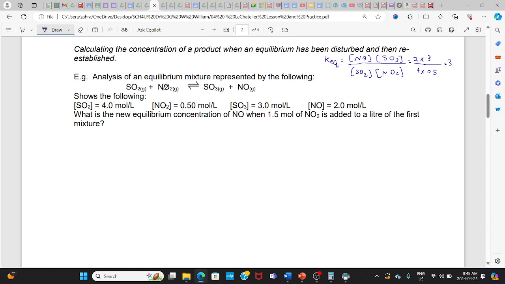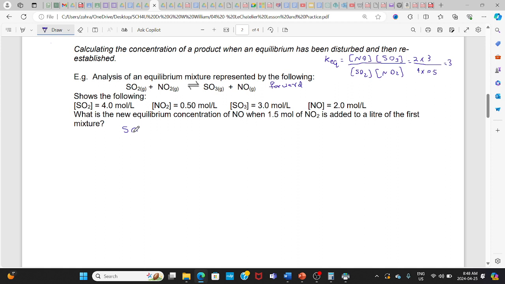The system doesn't like it, the change that you did. So you need to use it up. To use it up, do you go forward or backward? Forward. So keep that in mind. This will shift everything forward. When we do the ice table, we need to make sure we know that.